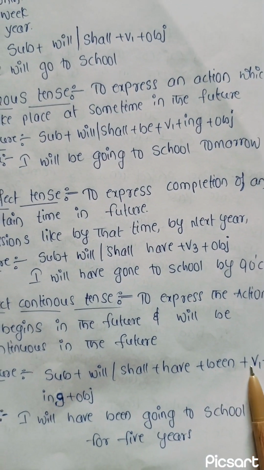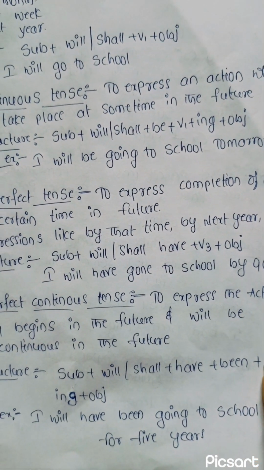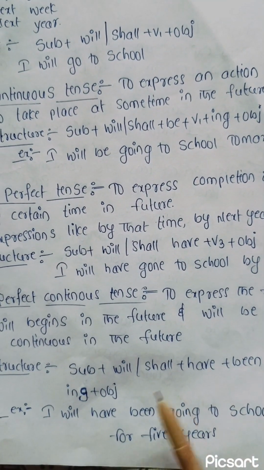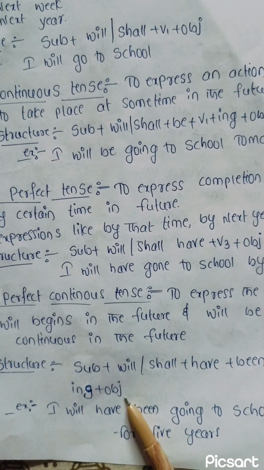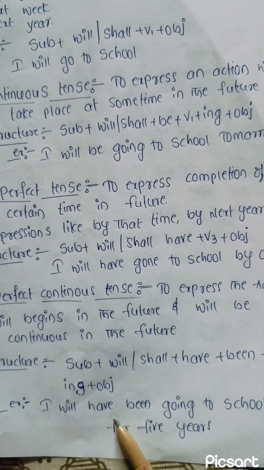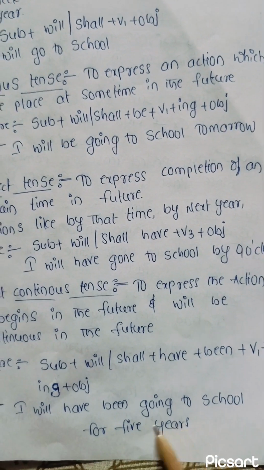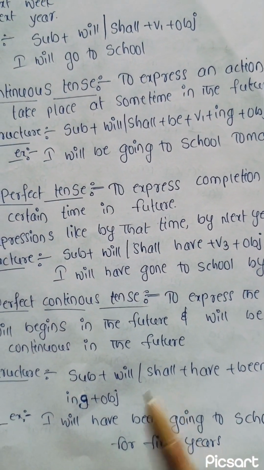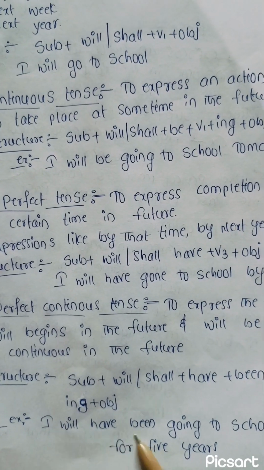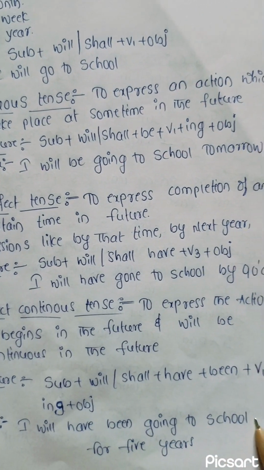We have to always use V1 form in continuous tenses. Then after we have to add ing because it is a continuous. Then after we have to write object. For example, I will have been going to school for 5 years. What is the subject here? I. Then after we have to write will have been going to school for 5 years.